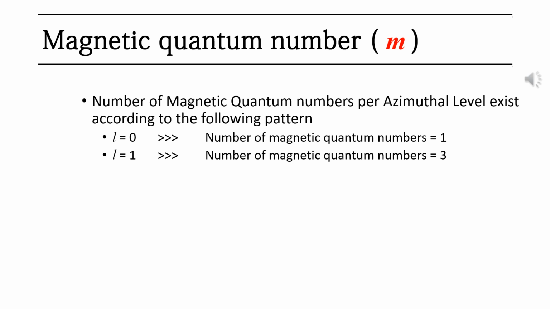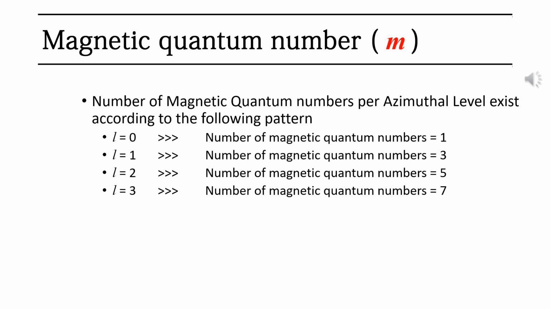For p orbital, the number of magnetic quantum numbers is 3, and L is 2. L is 2 means d orbital. In d orbital, the number of magnetic quantum numbers is 5. Similarly, L is 3, we can have 7 quantum numbers.